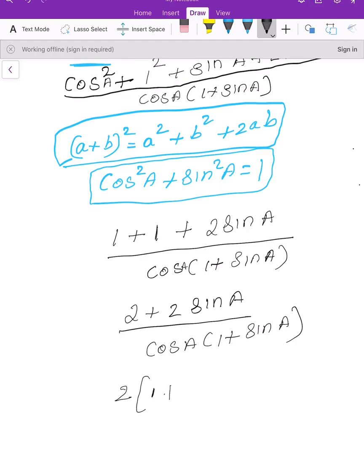Remaining is 1, and the remaining from here is sin A, divided by cos A into 1 plus sin A.